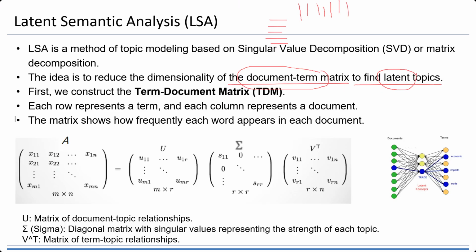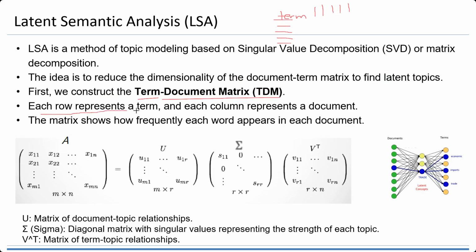In order to do this, first we construct the term document matrix. As I mentioned, term comes first, so it is the row. So this is the term, and document will be the column. So we have the term document matrix or TDM.